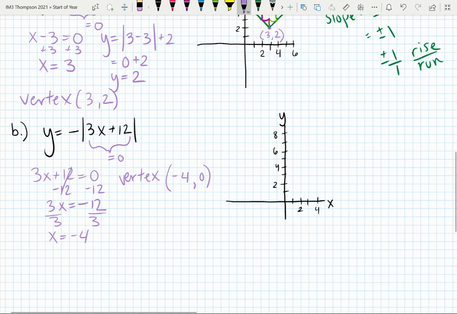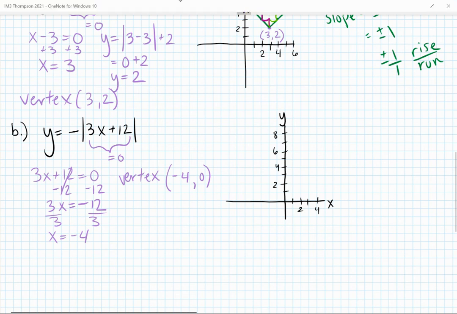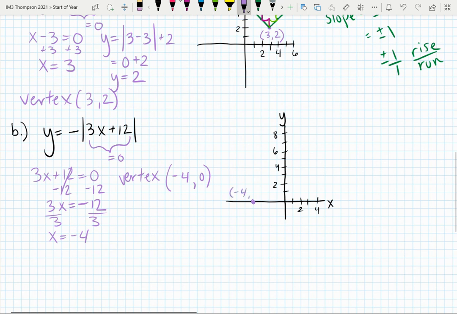So my vertex is at -4, 2. 1, 2, 3, 4. I'm sorry, -4, 0. Oh, I didn't do my graph right. Erase, redo.